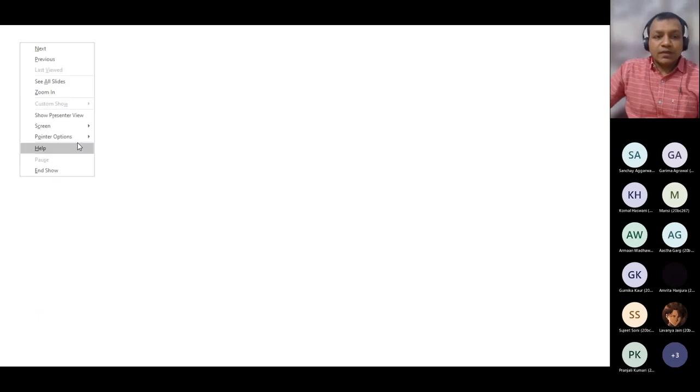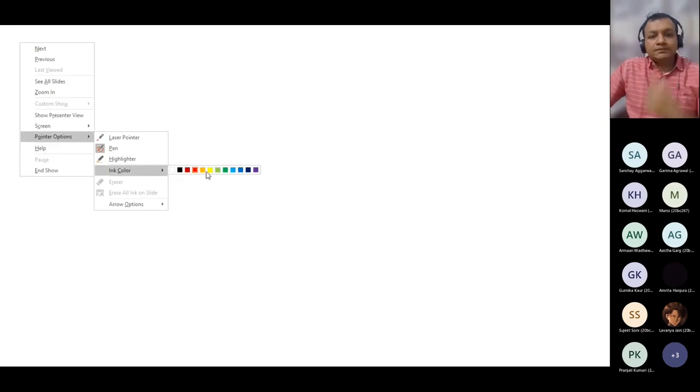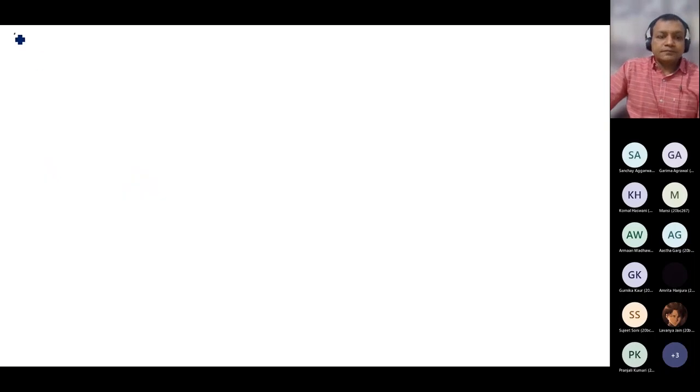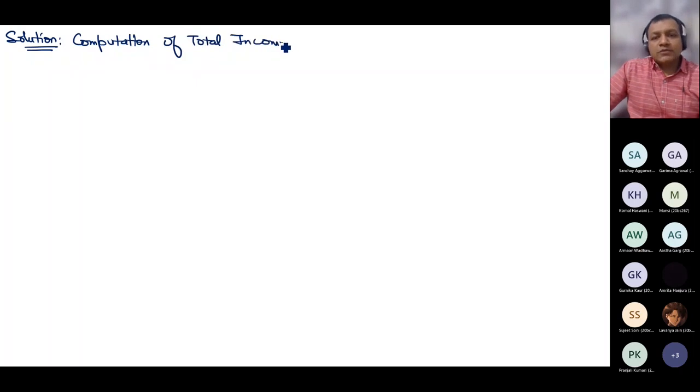So the solution. Computation of total income of X for the assessment year 21-22.